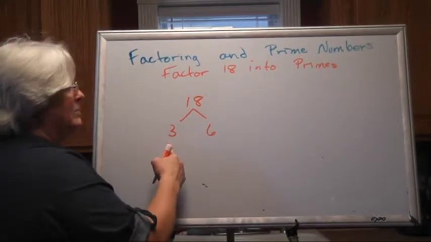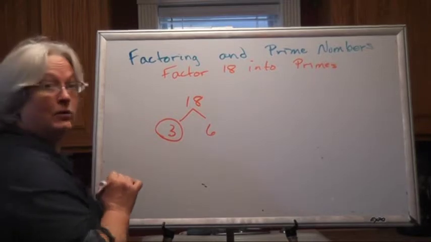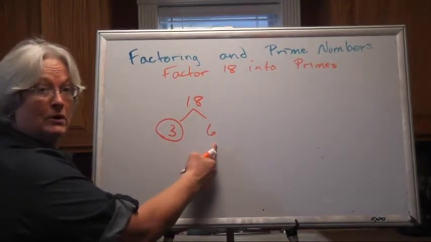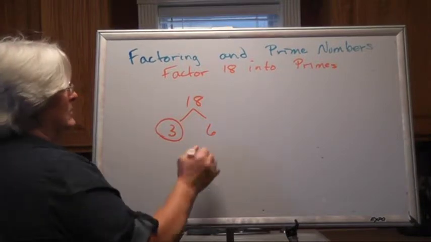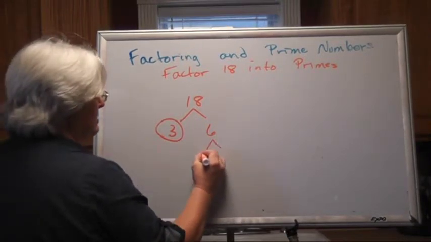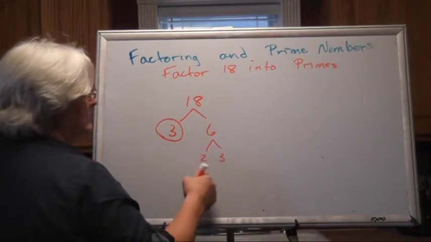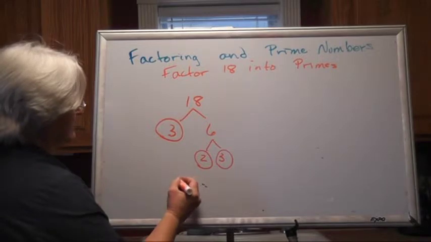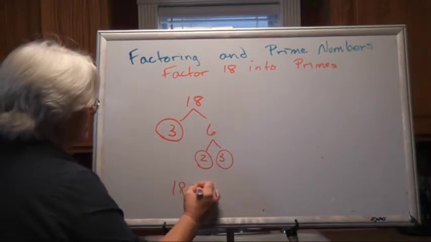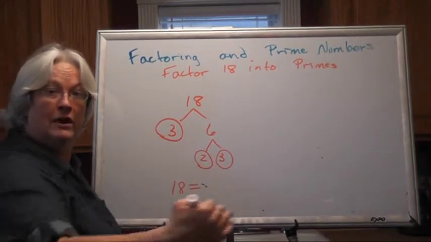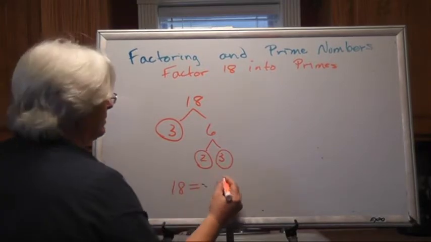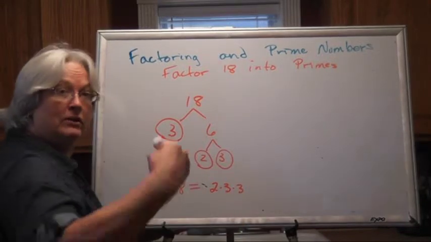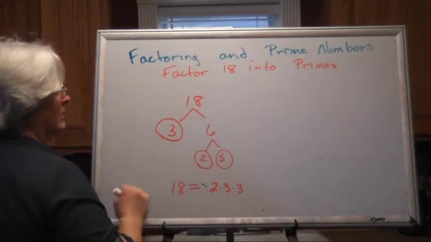Is 3 a prime number? Yes, you can't say anything other than 3 times 1 is 3. What about 6? Is 6 prime? No, it's not, because 2 times 3 is equal to 6. 2 is prime, 3 is prime. So 18 is equal to, now when you're lining your factors up, always start with the lowest prime number and continue in ever-increasing order.